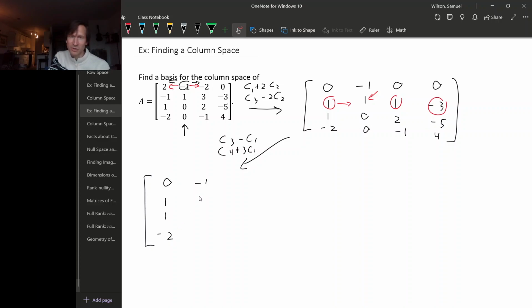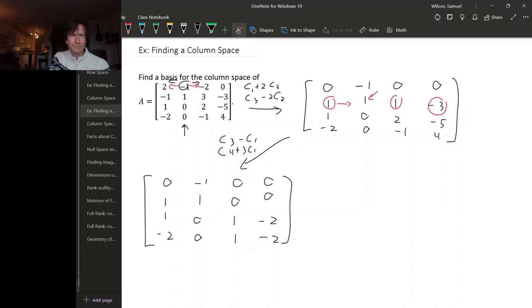Column 2 we're leaving alone, -1, 1, 0, 0. And then column 3 minus column 1, so 0, 0, 1, 1. And then column 4 plus 3 times column 1, 0, 0, -2, -2. I think I did that right.